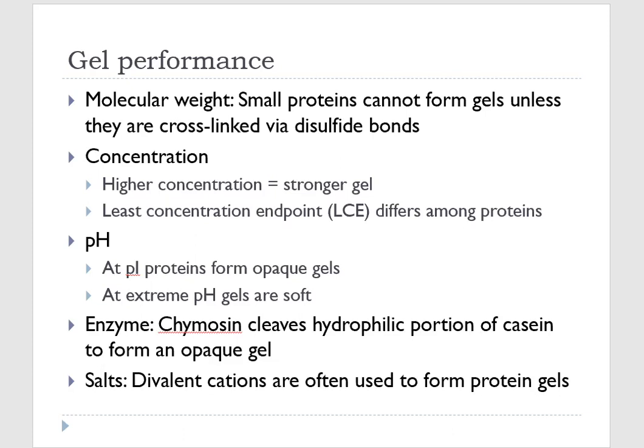And there are several factors affecting gel performance. Molecular weight. Small proteins cannot form gels unless they are cross-linked via disulfide bonds. For example, proteins below 20,000 Dalton molecular weight cannot form gel.